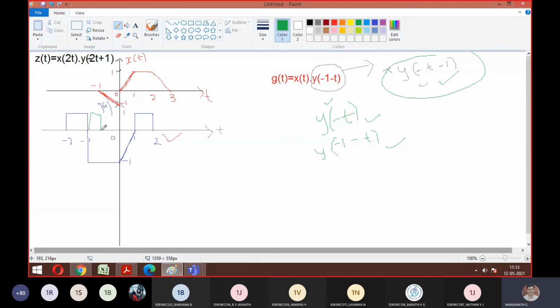Perform t minus 1. Then you can do negation of that. That will tell you the answer. Just do multiplication of these two signals and tell me what is the answer. So just solve this and tell me what is the answer.